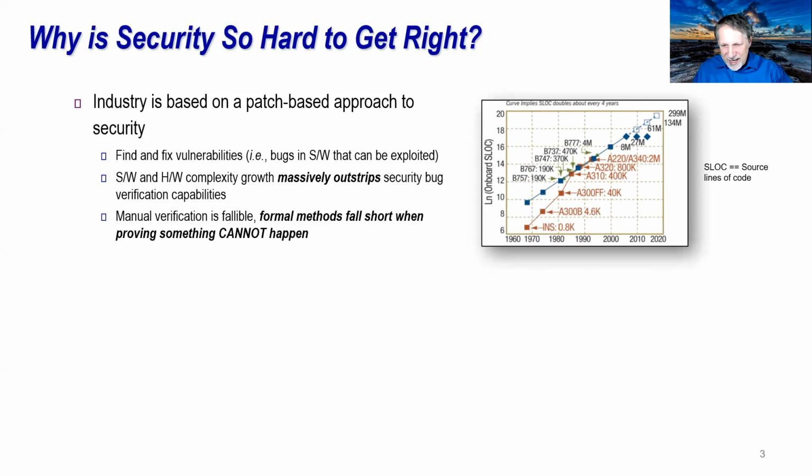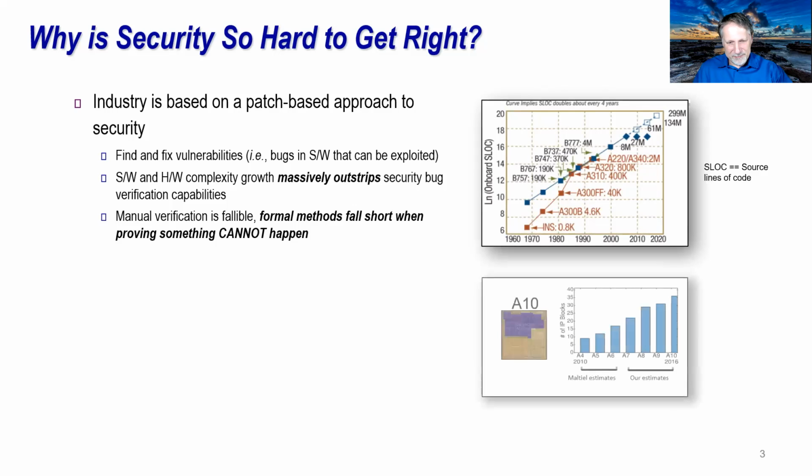Today there are about 50 million lines of code running on those systems when they take to the air, and it rises at roughly 2x every 4 years. Massive complexity. And given the number of bugs in that code, there are just so many vulnerabilities that can happen. Hardware complexity is rising very quickly too.